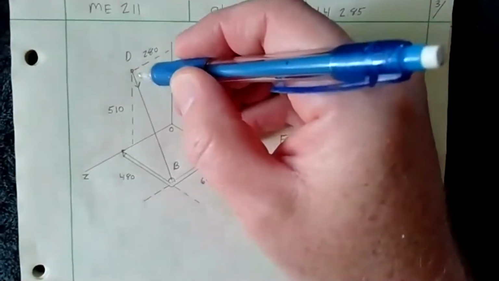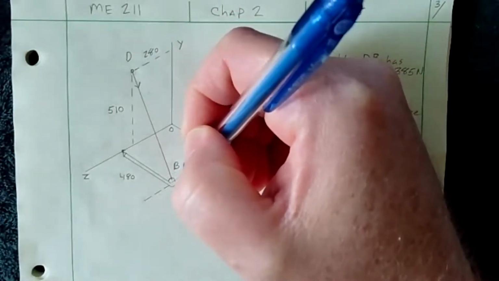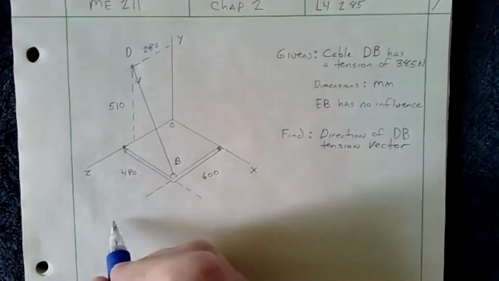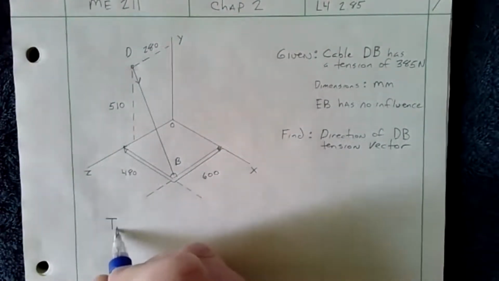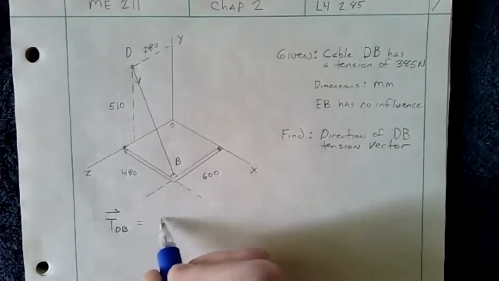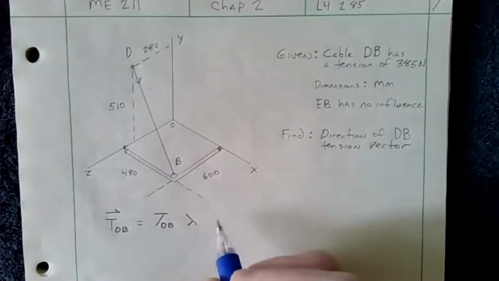We know it's going from D to B. All right. So remember that our governing equation, tension DB, equals the scalar of DB times lambda DB.